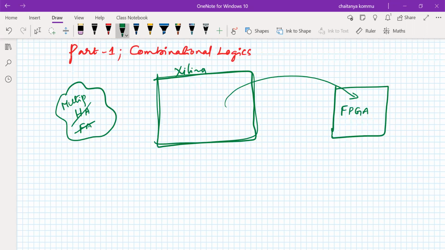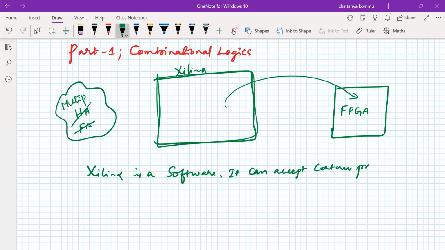Now the question is, how do we design these combinational logics like half adder, full adder, multiplexers? How do we design them by using Xilinx? Xilinx is a software that accepts some kind of languages. Xilinx is a software that can accept certain programs.